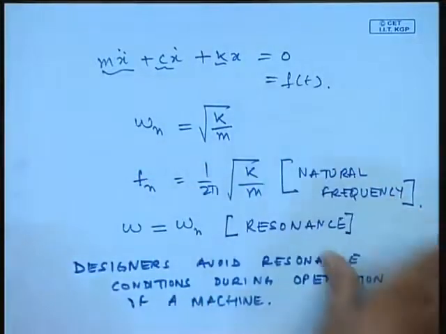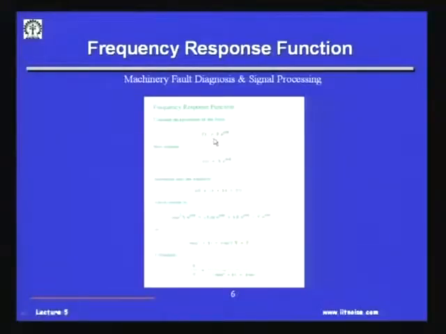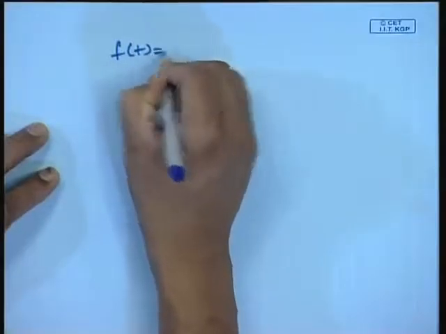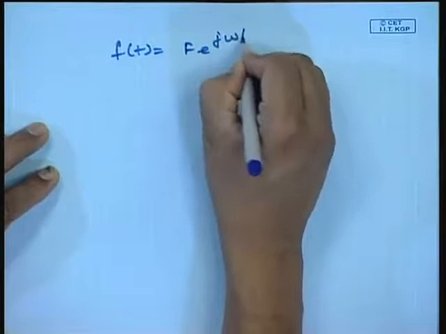There are many ways I can represent this forcing function. One method is that this form of excitation could be very general, in the sense f(t) is equal to F e to the power j omega t.